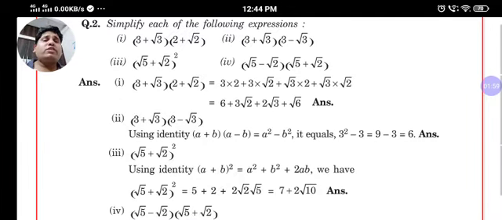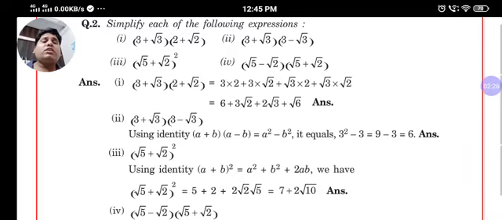The solution is to multiply: 3 into 2 plus 3 into root 2 plus root 3 into 2 plus root 3 into root 2. So 3 2s are 6, plus 3 root 2 plus 2 root 3, and root 3 into root 2 is root 6. So the answer is 6 plus 3 root 2 plus 2 root 3 plus root 6.